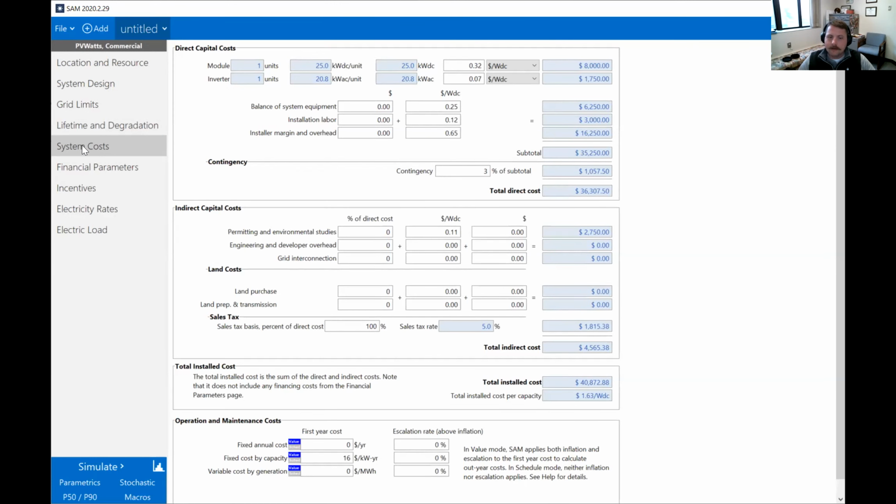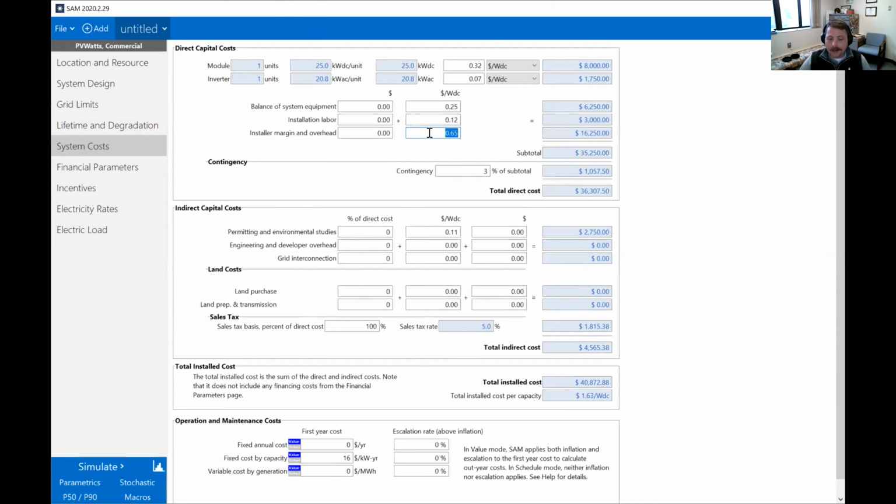System costs. This is where, if you had a quote, you could do one of two things. If they detailed it to this level, go ahead and fill in the different parts. That almost never happens. They're never going to tell you their labor, their overhead, and some of that, because they don't want to tell you their profit margin. But we understand there is one.